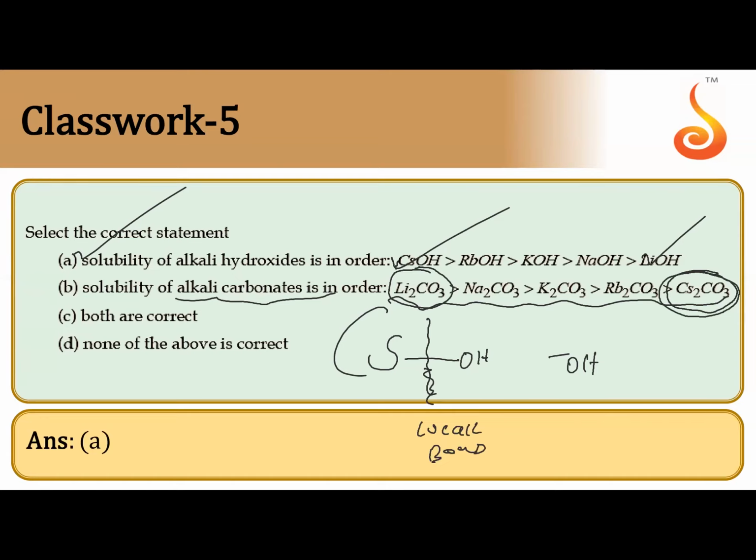Therefore, the order will be reversed. Therefore, option B is wrong. Option both are correct is not correct. None of the above is correct is also wrong. Therefore, option A is correct. Kindly note it down. It's very important.